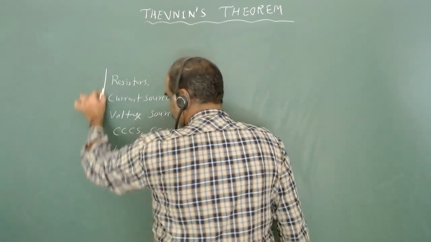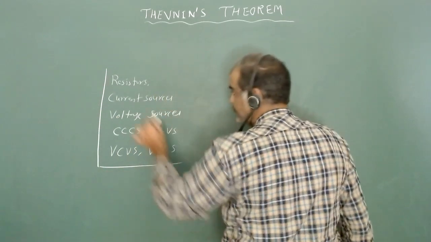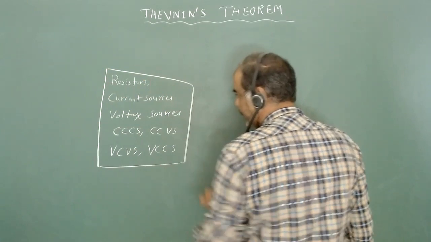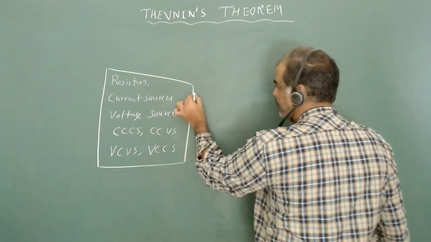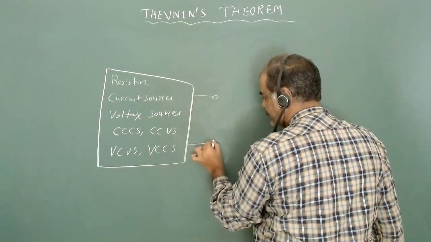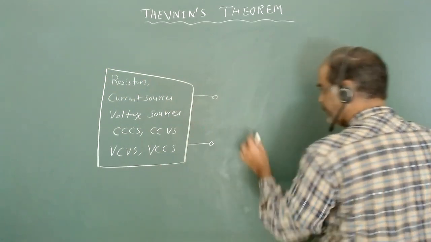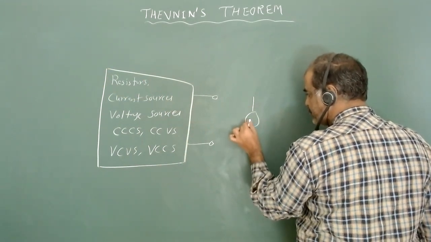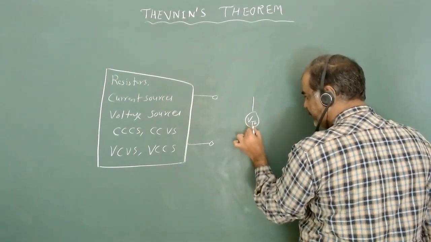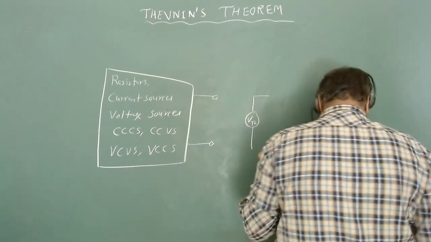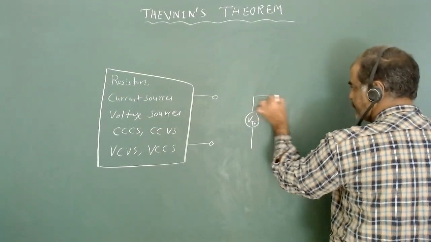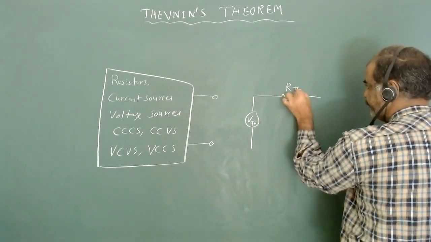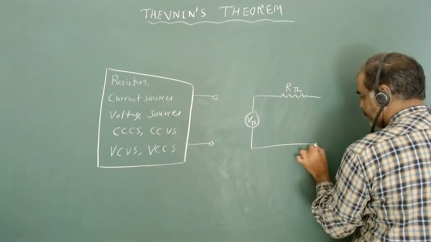Thevenin's theorem says that this kind of two-terminal linear circuit can be replaced by a Thevenin equivalent, which consists of a voltage source V Thevenin and a series resistance equal to R Thevenin.